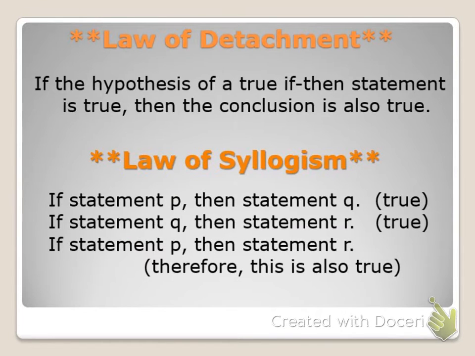We can cut out that statement about Q, whatever that statement is, and we just jump straight from the first statement to the last one. That's what this final line says. If statement P, then statement R. Again, it makes more sense when we see it with actual statements, not just P's, Q's, and R's.